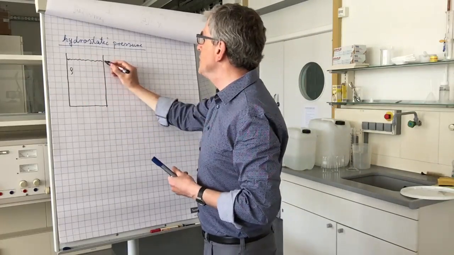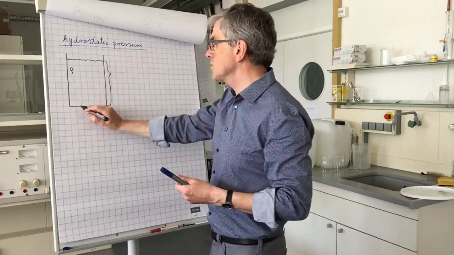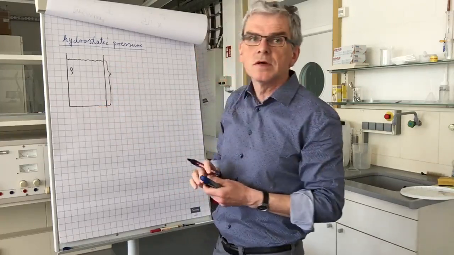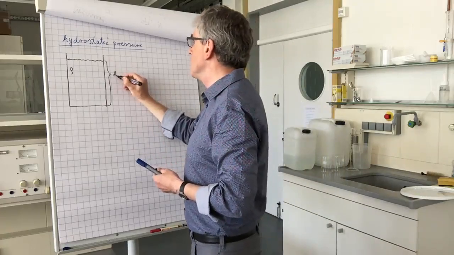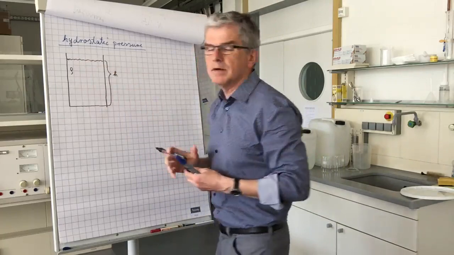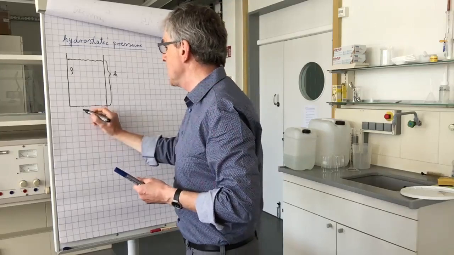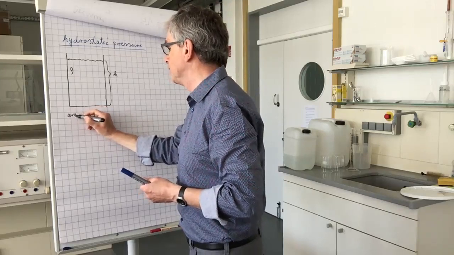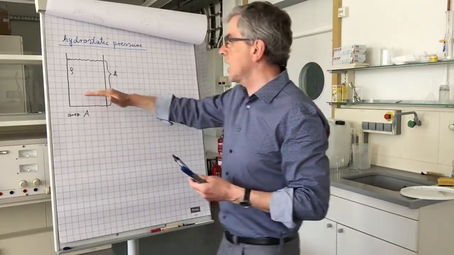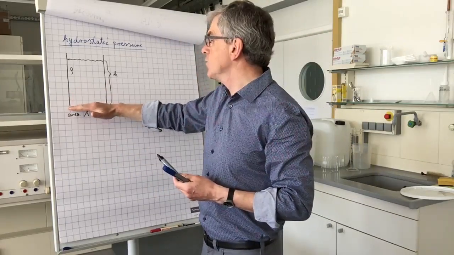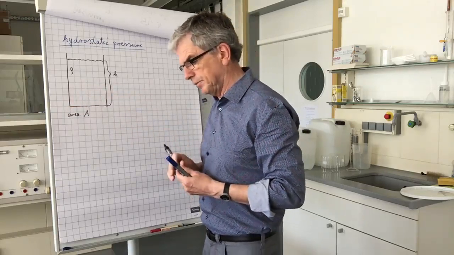And if we calculate now the pressure at the bottom of this container, the container might be filled up to a height h with this liquid, and it has an area A. Then we can calculate the force onto the bottom of this container.